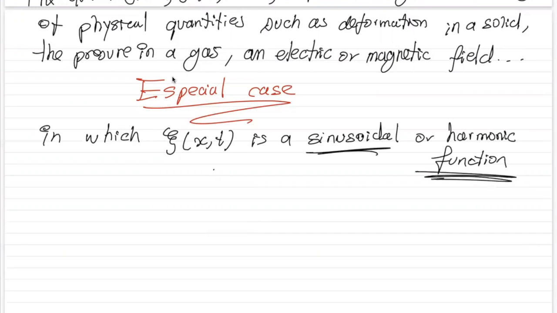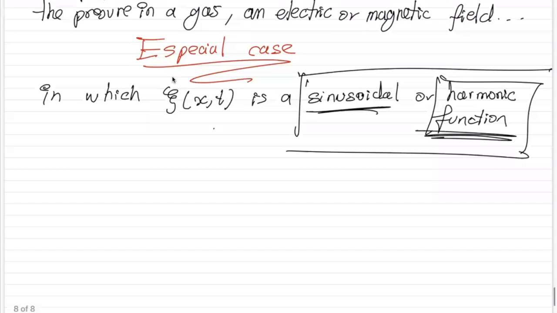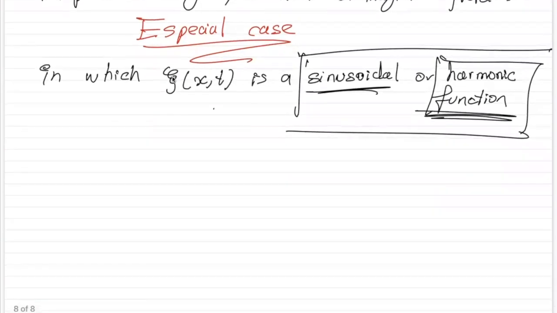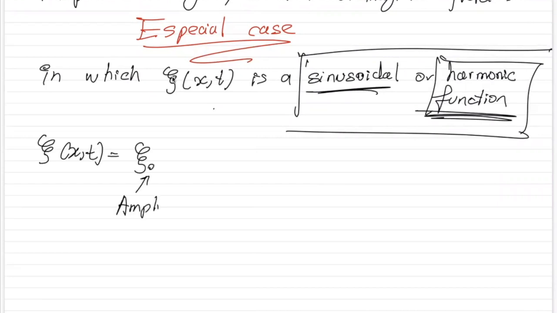The formulation of this case is given by this formula: z of x and t equals the amplitude times sine of k times x minus bt.